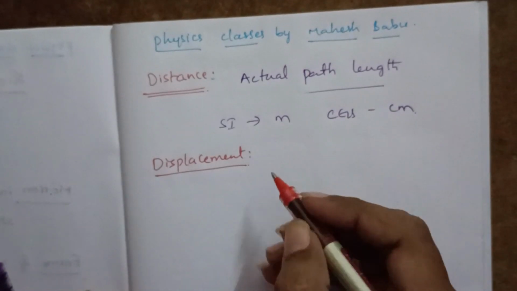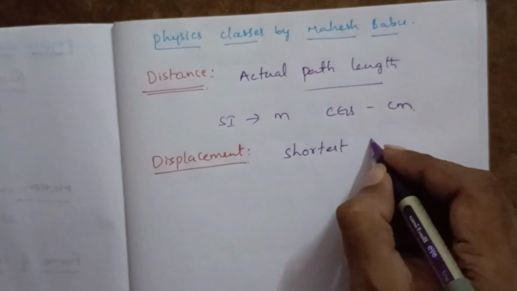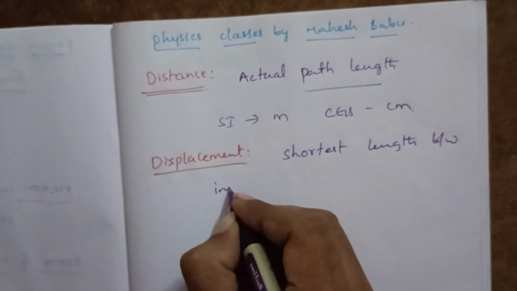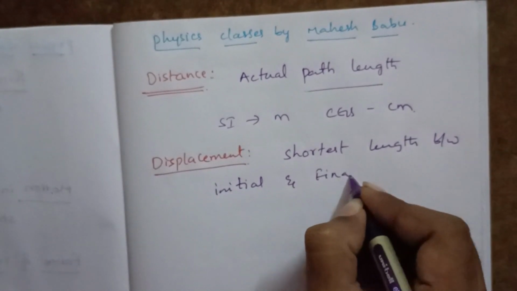Next one, displacement. Displacement is the shortest length between the initial and final points.